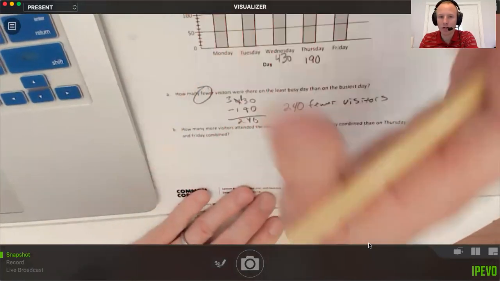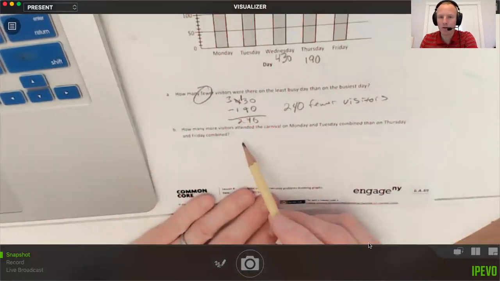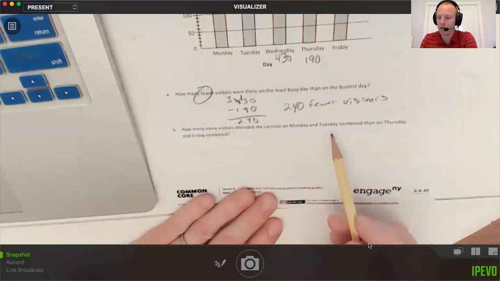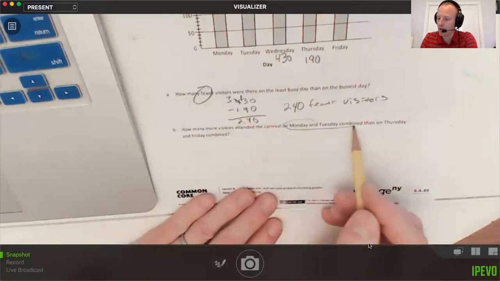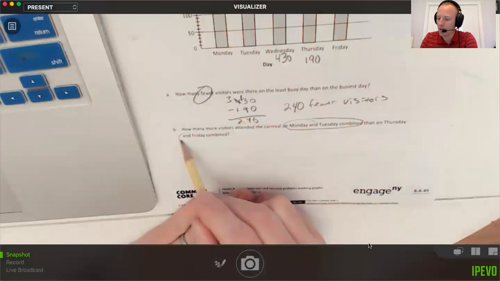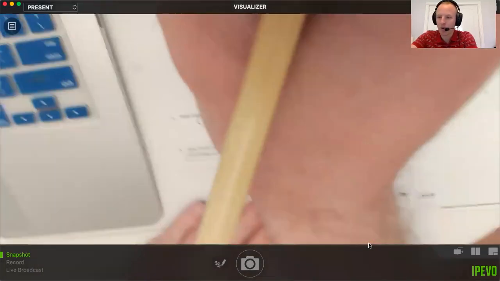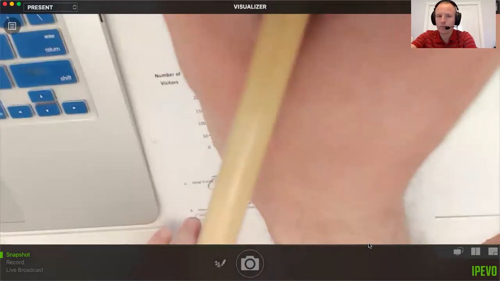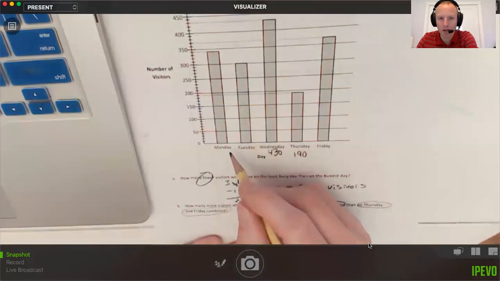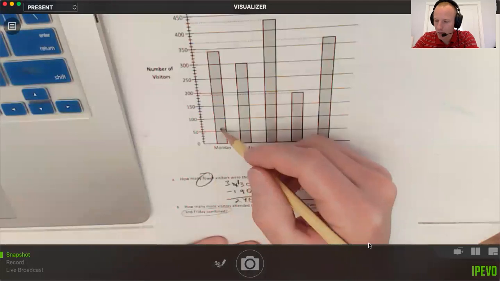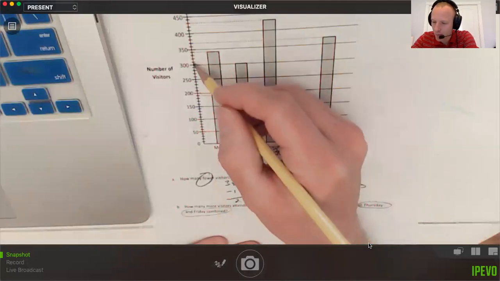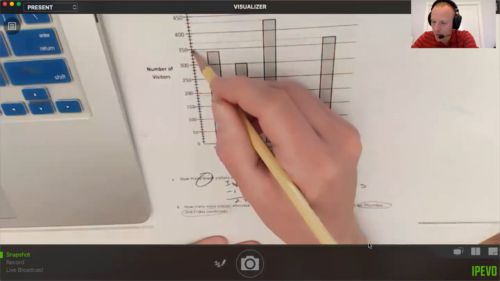And then the next part says, how many more visitors attended the carnival on Monday and Tuesday combined than on Thursday and Friday combined? So Monday and Tuesday combined. Let's see, we have to figure out what those were first. So Monday, I go all the way up to 300, and then 310, 320, 330, 340.